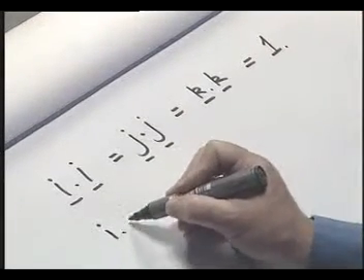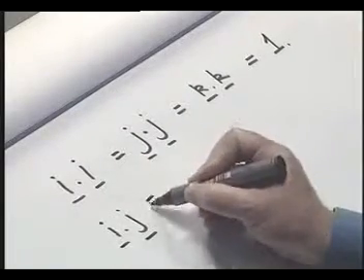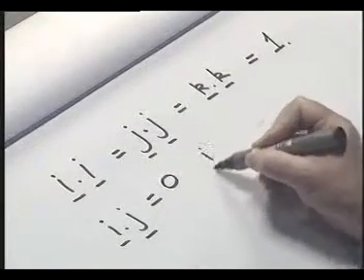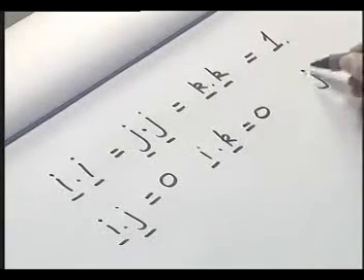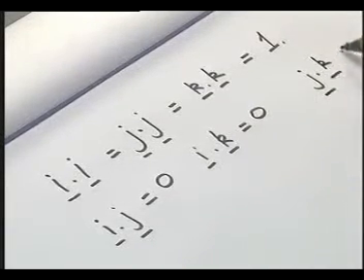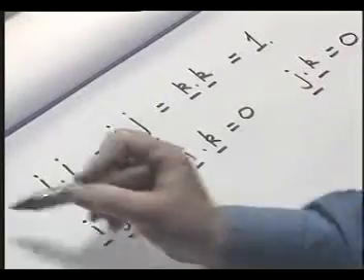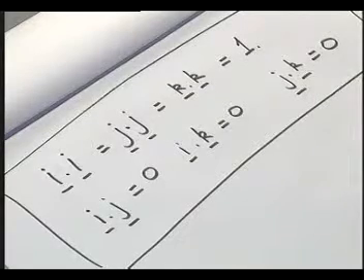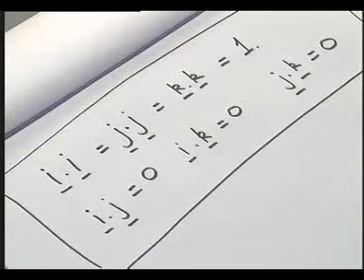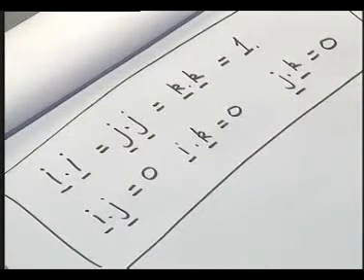If we dot i with j, we get 0. If we dot i with k, we get 0. And if we dot j with k, we also get 0. And all those results are particularly important and ones that you should become familiar with as you work through the exercises accompanying this unit.